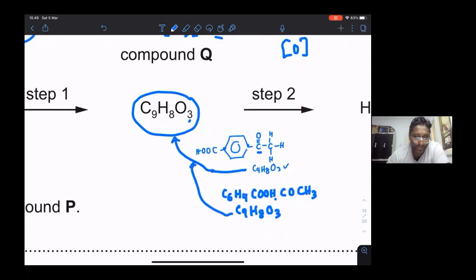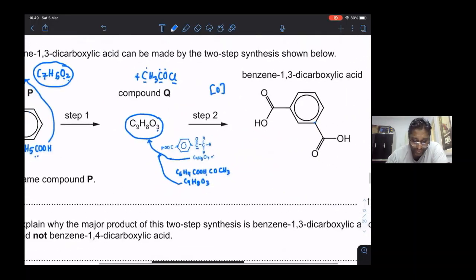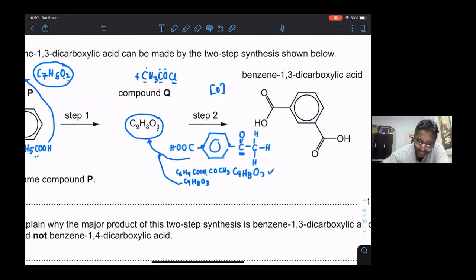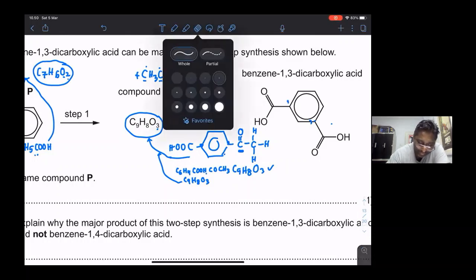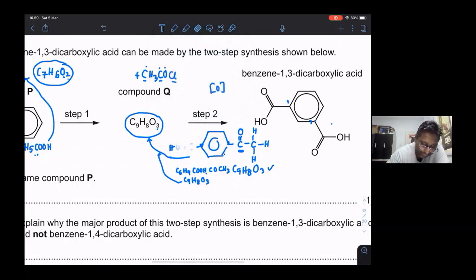Now step number 2. Once you get this molecule, which is compound Q, it is going to be changed into this. Ignore the position, maybe this one is supposed to be at position 3, or I can just simplify this and put the COOH here.